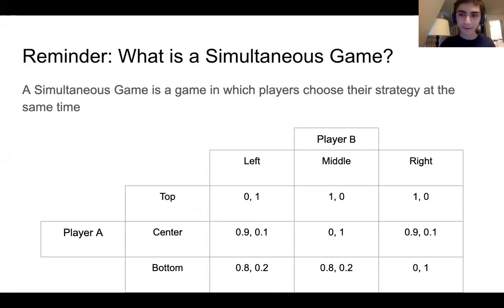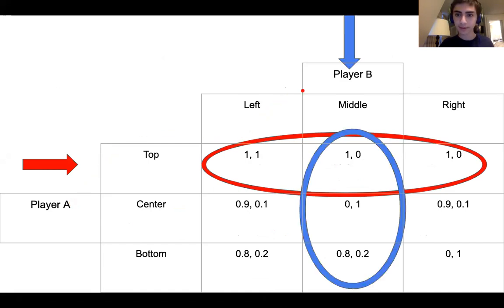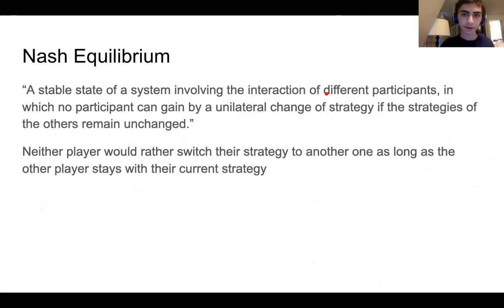All right, so again, if player A chooses top and player B chooses middle, then they overlap at this area, and payoffs are 1 for player A and 0 for player B. So then we have to define what the Nash equilibrium is.